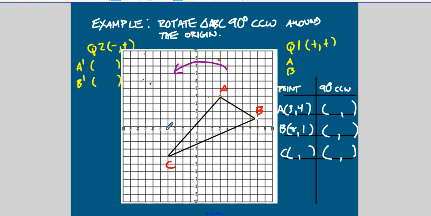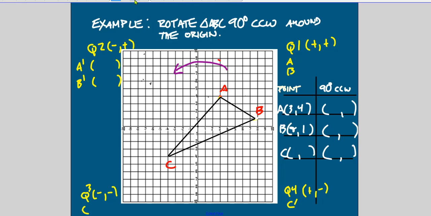C is in a different quadrant. Quadrant 3, x and y are both negative. So C is in quadrant 3, but C prime is going to end up in Q4, which is positive, negative. So C prime's going to end up over here.